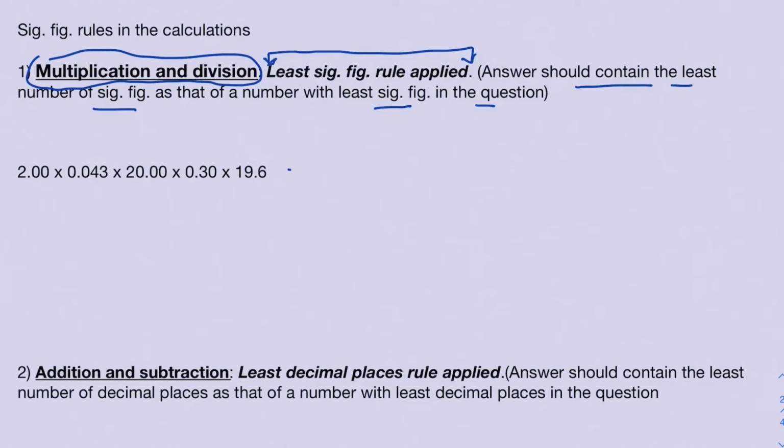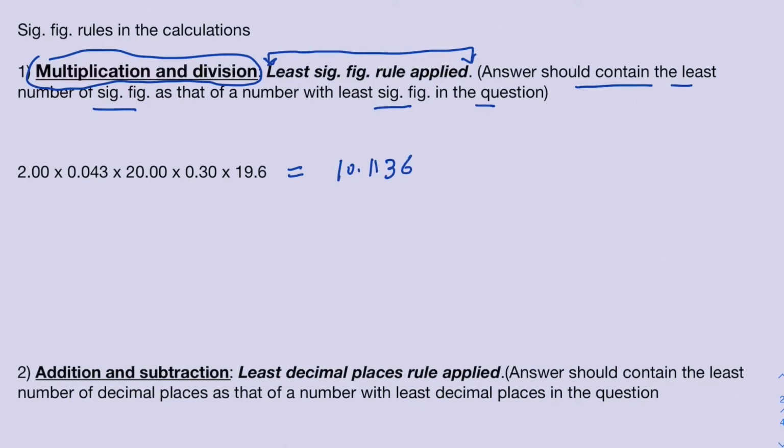To solve that, first put the numbers in your calculator and see what it comes out to be. So I have 2.00 times 0.043 times 20.00 times 0.3 times 19.6, and this comes out to be 10.1136.